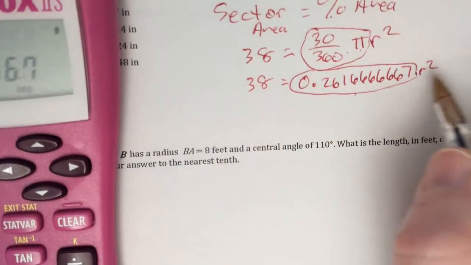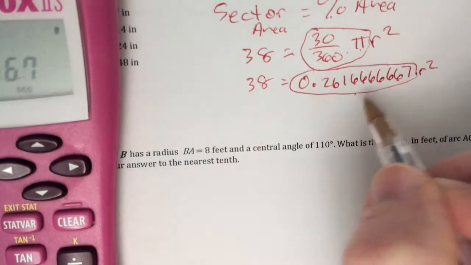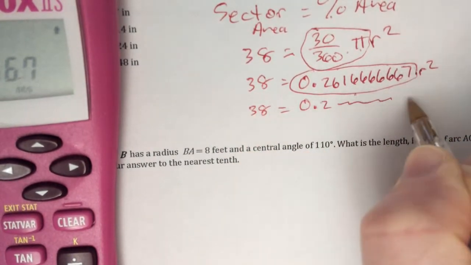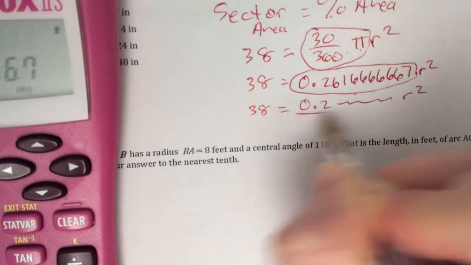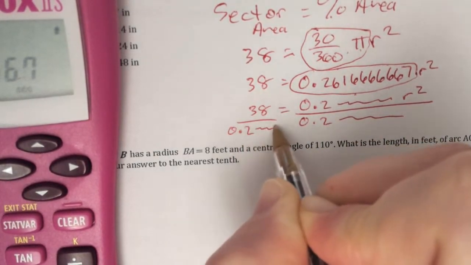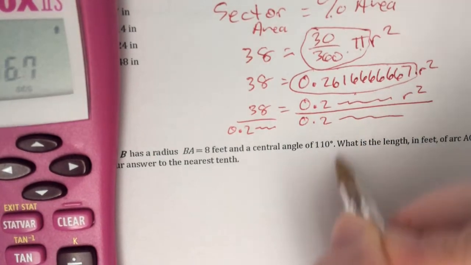That's what's happening. Okay, now how do you get r squared by itself? So then your next step, so 38 equals that big long decimal, r squared. We're going to divide by 0.261666 on both sides. I ran out of room, so I'll just keep going down here.